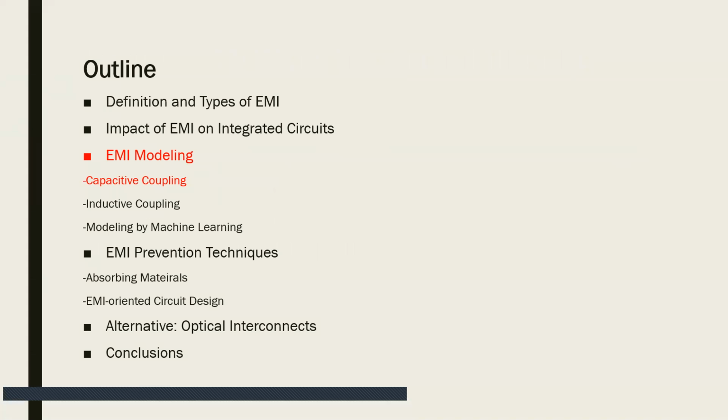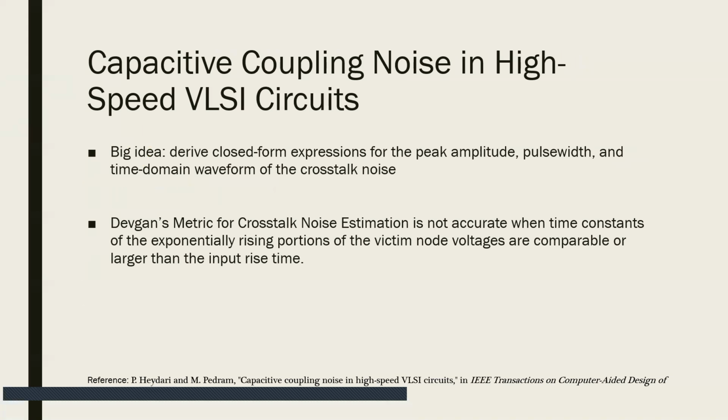Next, I will go into the capacitive coupling. So in this paper, capacitive coupling noise is characterized in a closed form expression that includes the peak amplitude, pulse widths, and time domain waveform of the crosstalk noise.